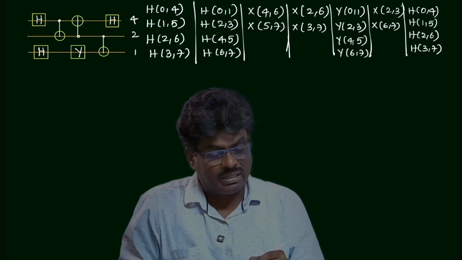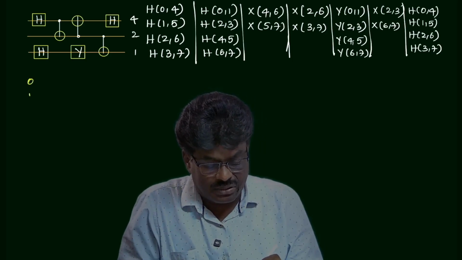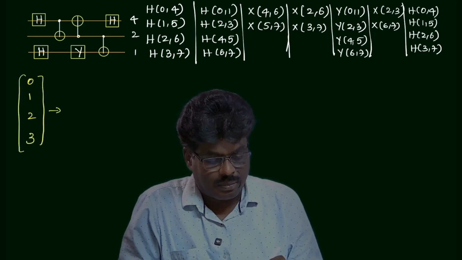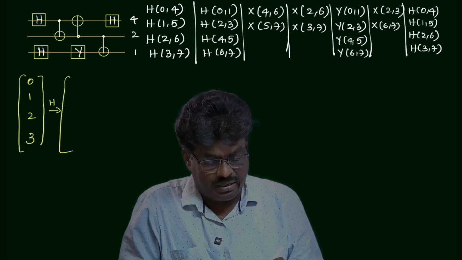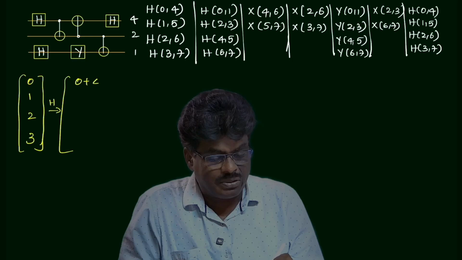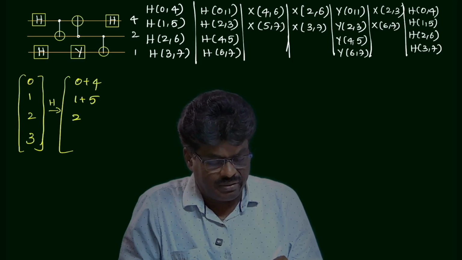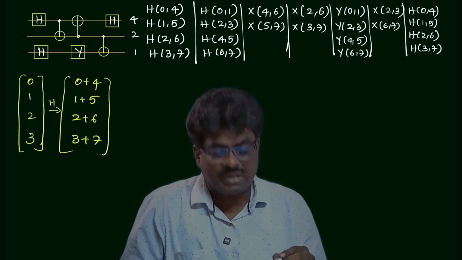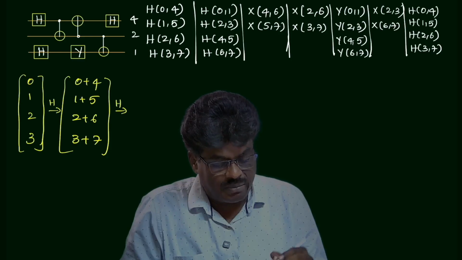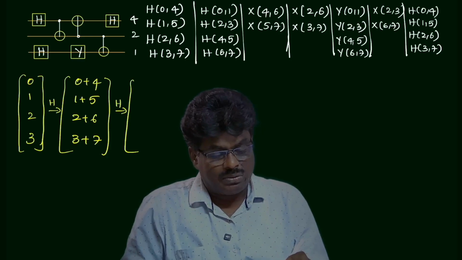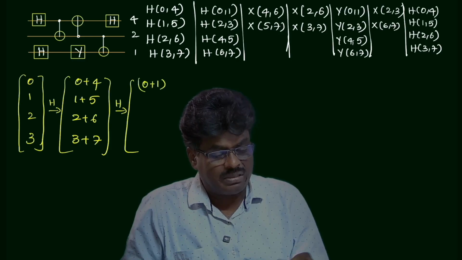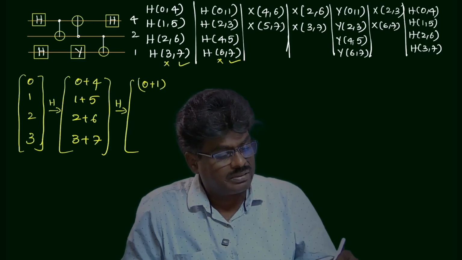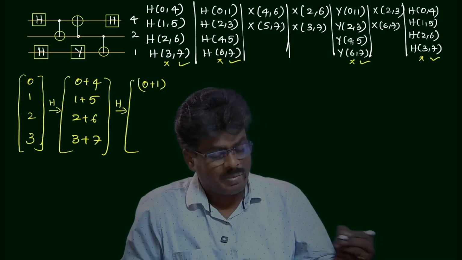Now we have to start with initial state, that is a 0 1 2 3. Now first Hadamard operation is there, so all are off. That's why 0 plus 4, 1 plus 5, 2 plus 6, 3 plus 7. Normalization constant I am not taking now. And next one more Hadamard, so 0 off, 0 plus 1, I hope you already understand, off on like this, right?